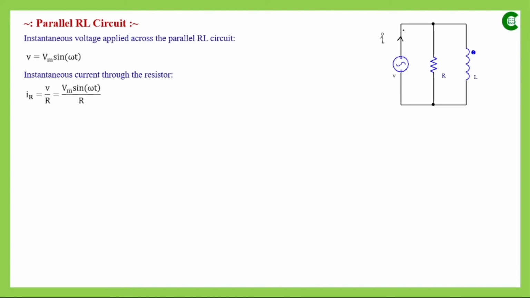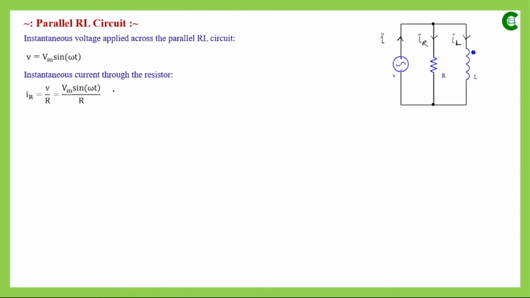Now next we will find out the current that this voltage source supplied. Since it is a parallel branch, the current will be divided into two parts, and let's assume that the current flowing through the resistor is IR, and the current flowing through the inductor is IL, and these small i suffix r and small i suffix l are the representation of instantaneous value of the currents.